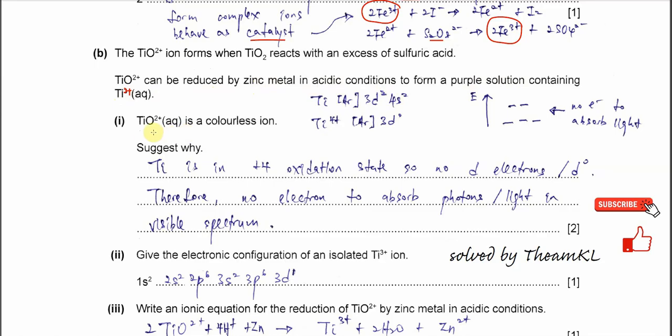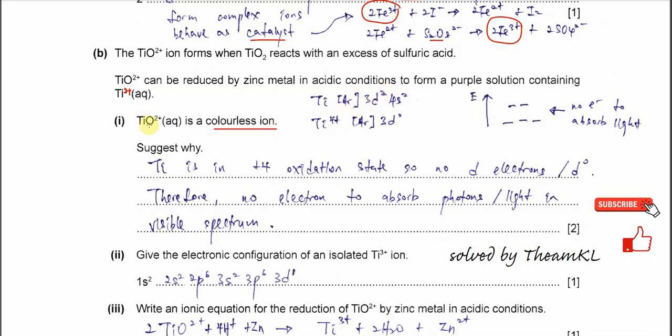Now, part 1. TiO2+ is a colorless ion. Suggest why. In order to answer this, you must be able to identify the electron configuration. For titanium, the electron configuration is [Ar] 3d2 4s2, so there are 4 electrons: 2 electrons in 4s, 2 electrons in 3d.